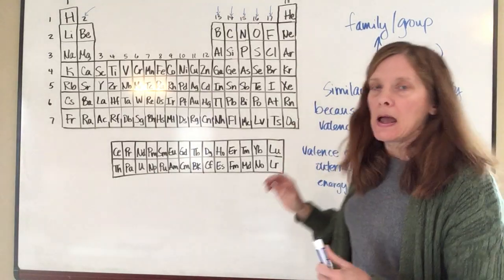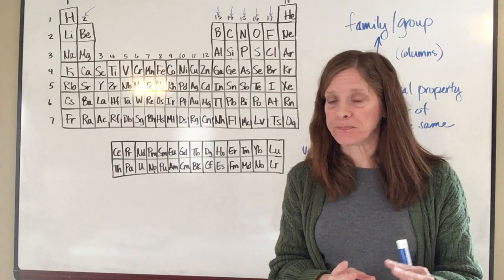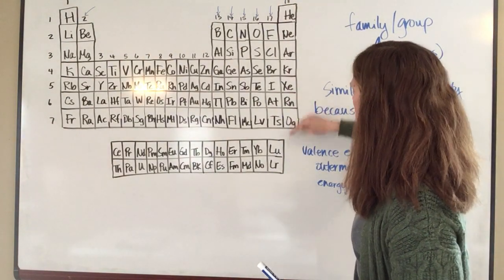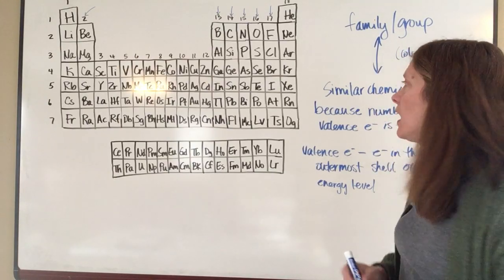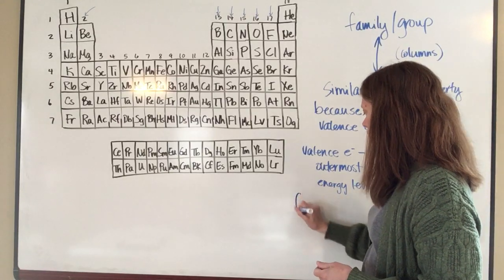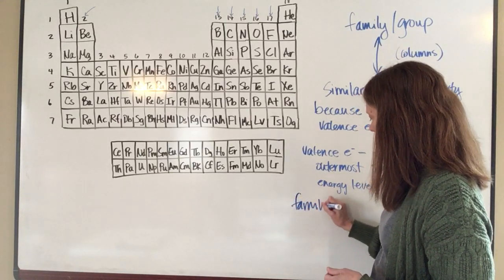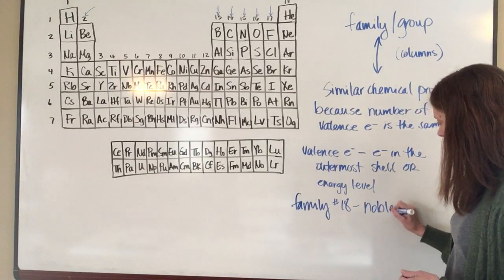And so in the world of atoms, this column here, column number 18, or family or group 18, these guys are called noble gases. So family number 18 are the noble gases.